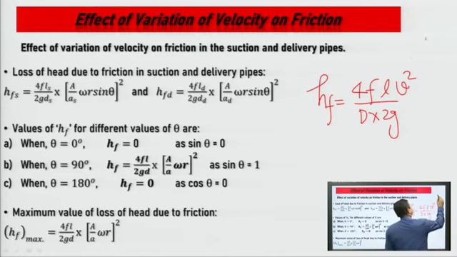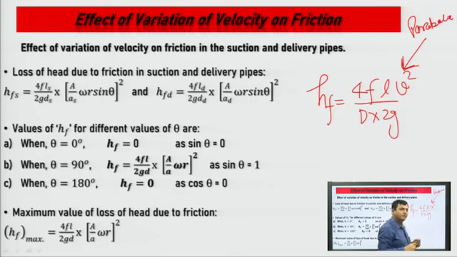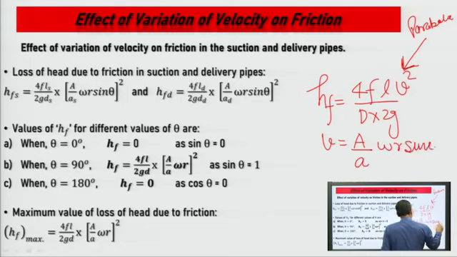So it is a function of velocity, which is very important, and the nature is parabolic. In the case of the suction and delivery pipe, the velocity we calculated is A upon a omega r sin theta. We already calculated r omega sin theta, which takes the place of the velocity.